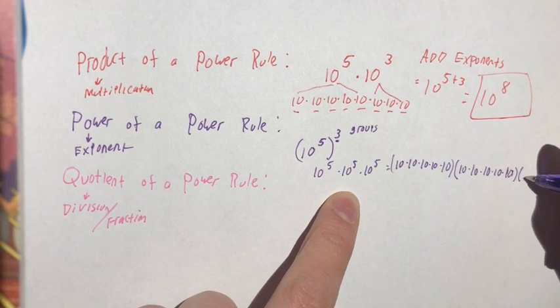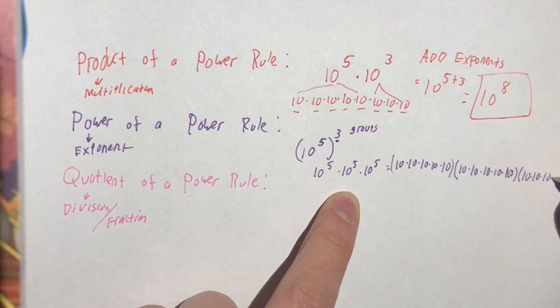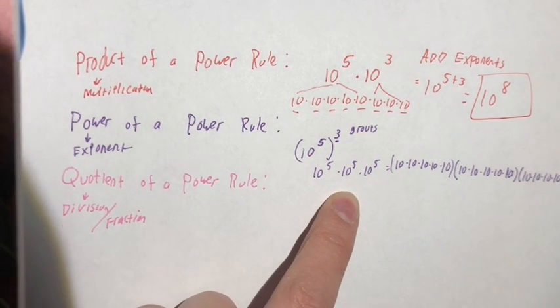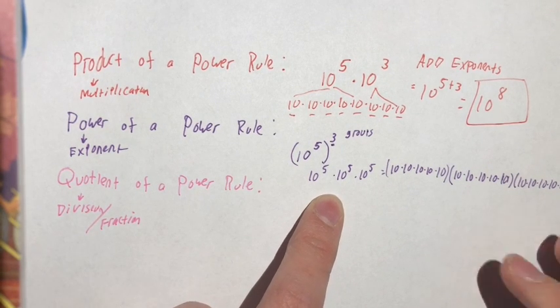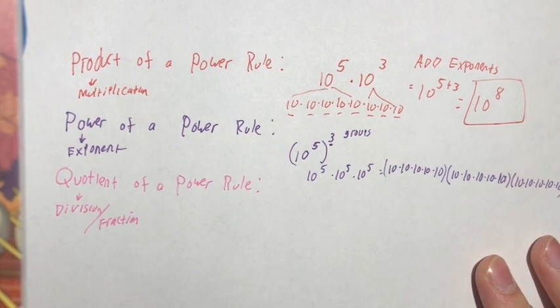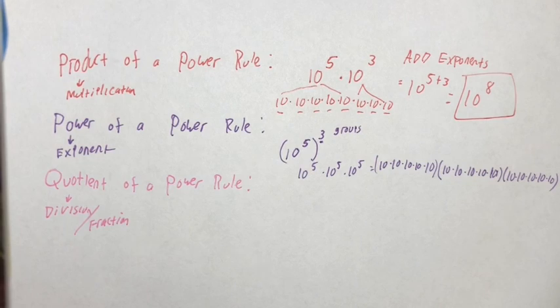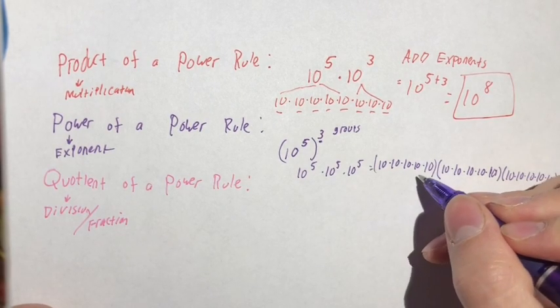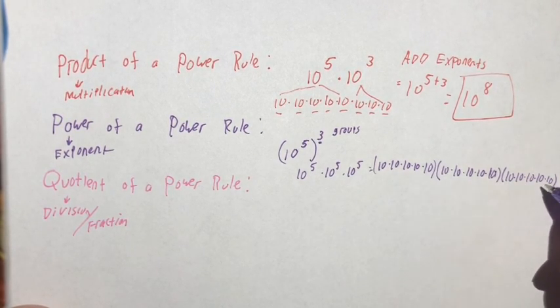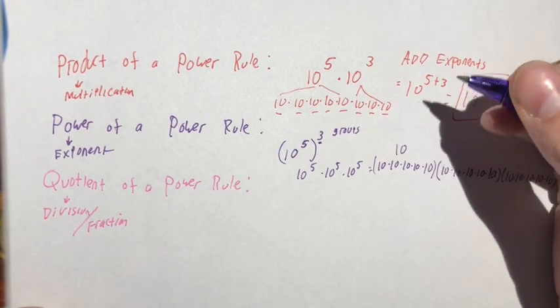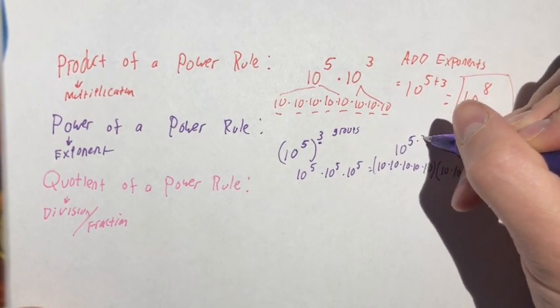And a third group. Sorry, move a little bit over. All right. So then how many 10s total do I have? I have 1, 2, 3, 4, 5, 6, 7, 8, 9, 10, 11, 12, 13, 14, 15 tens. Or I could multiply my exponents.